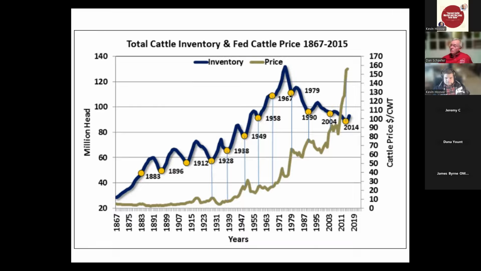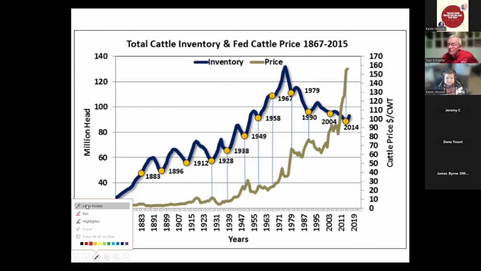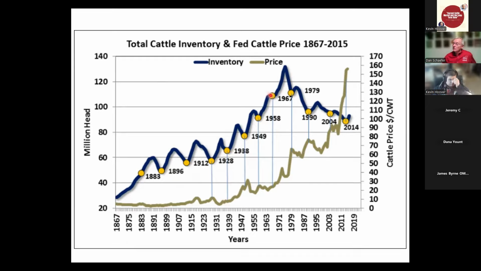However, exceptions would be 1938, and if I can get a pointer here, this laser pointer, 1938, which is this dot here, is not associated with a peak, and 1967 is not associated with a peak. But in every other case, a nadir is associated with a price peak. This was the case in 67, in 90, in 2004, and certainly now in 2014.